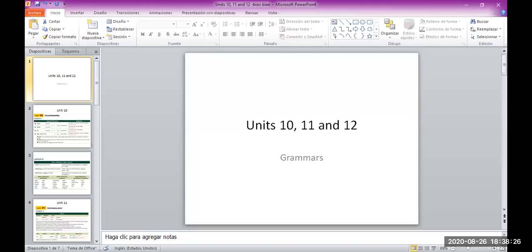With the vocabulary, you are going to work by yourselves. Maybe we are going to do some activities from the book and some from the workbook. Then we are going to do only the grammar.